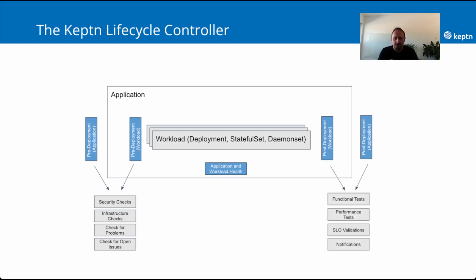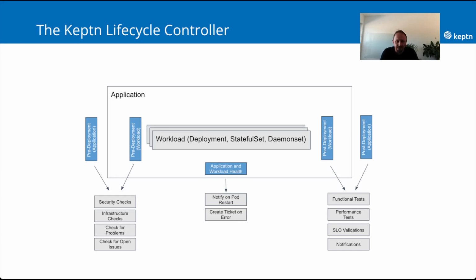For post-deployment, we could do some functional tests, performance tests, but also SLO validations and notifications. And last but not least, for the application and workload health checks, we might be able to run notifications on pod restart, but also create service tickets on error.